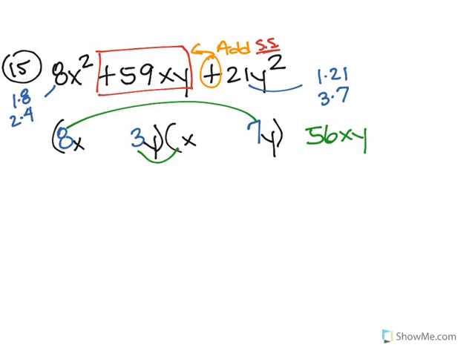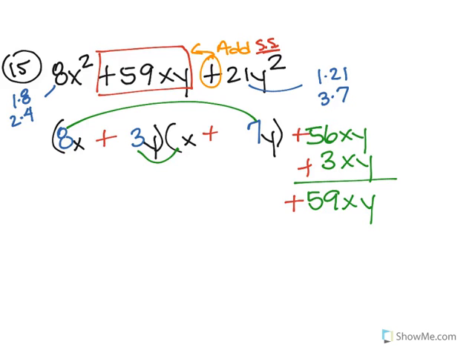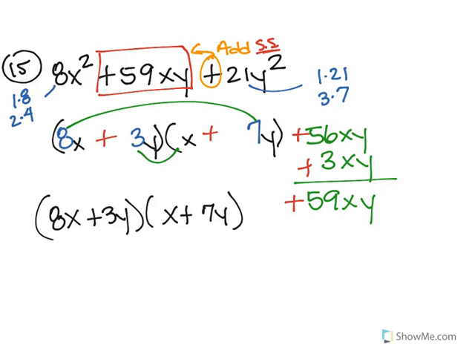And you're going to multiply 3 times 1, which will give you 3xy. And if you add that together, that will give you 59xy. So we're adding, and 59 is positive, so that means both 56 and 3 must be positive. So our answer would be 8x plus 3y times x plus 7y.